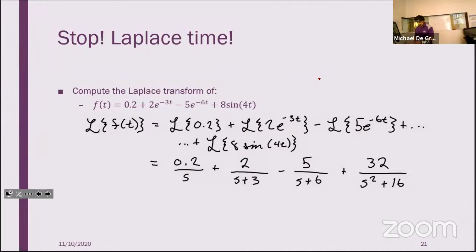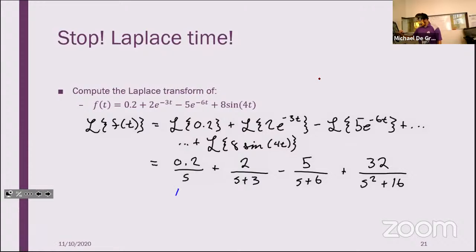So that's not too bad, right? We use our table, break it up into pieces, go into the table, find the corresponding function in the table, and apply your constants as needed, right?